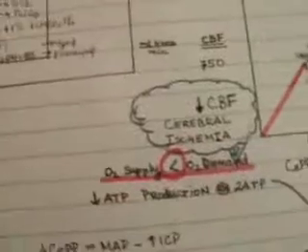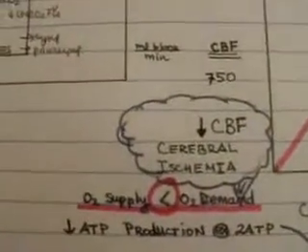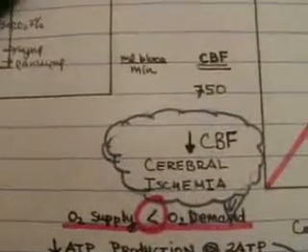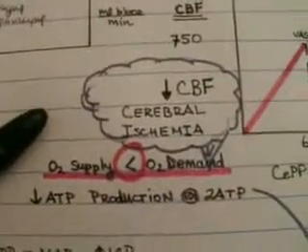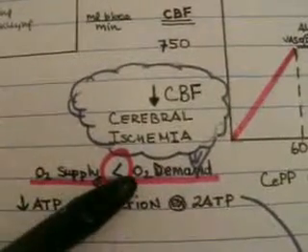Now we're going to focus on what happens to the brain when the cerebral blood flow no longer adequately supplies the brain with enough oxygen and glucose. And we're going to focus mainly on the oxygen supply versus the oxygen demand.